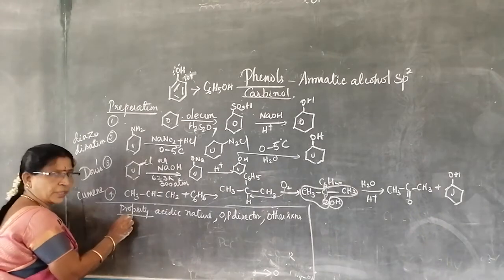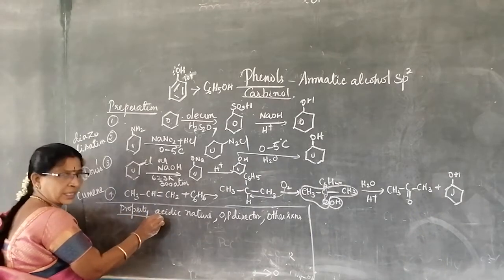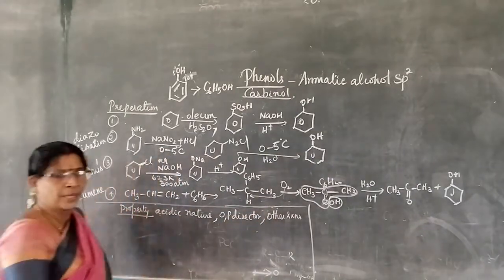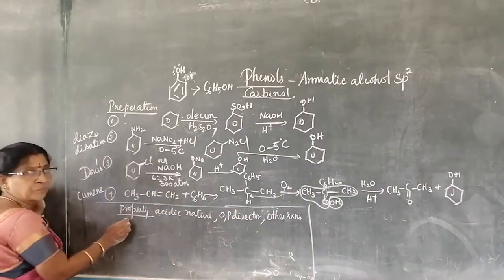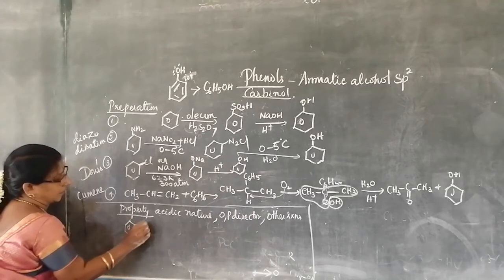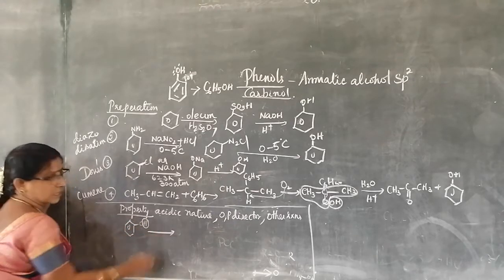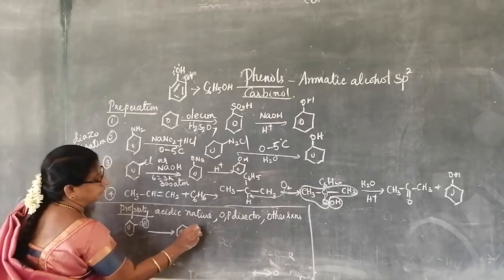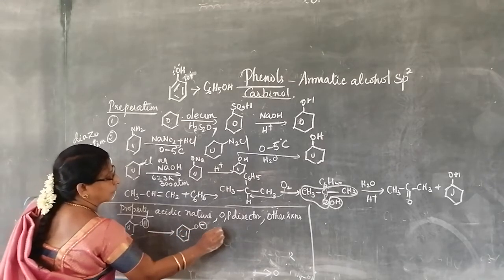Let us see the properties of phenol: its acidic nature, ortho-para directing nature, and some named reactions we are going to see. First, acidic property. Phenol is acidic in nature, so it will give out this H+. Then you will get phenoxide ion and H+.